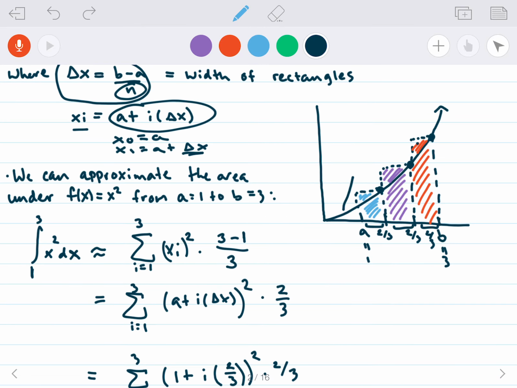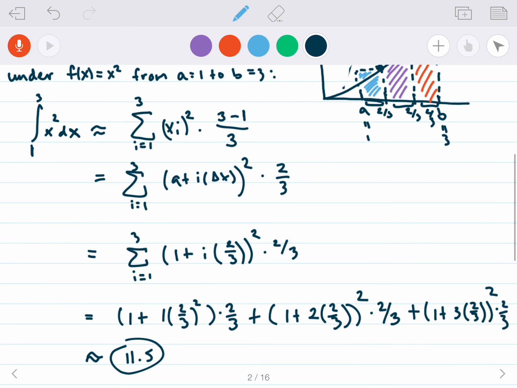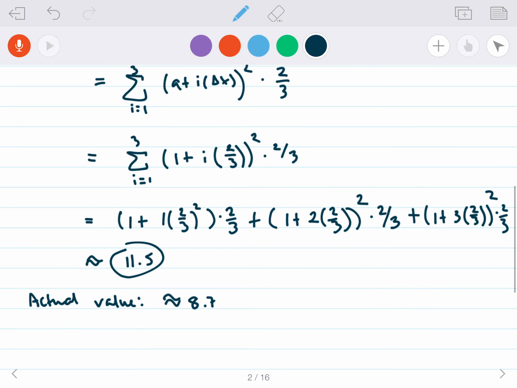Again, we're just looking at the rectangle areas where each of these bases is 2/3, and the height is going to be f of xi. So f of x1, f of x2, and so forth. So that's just a little Calc 1 review here.